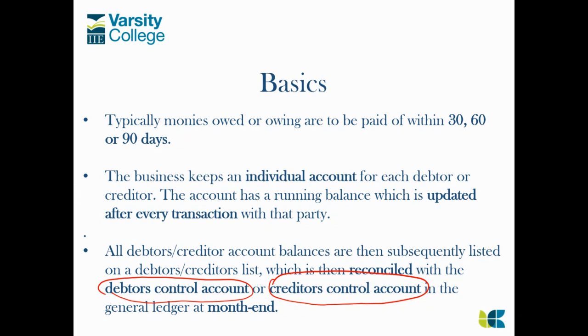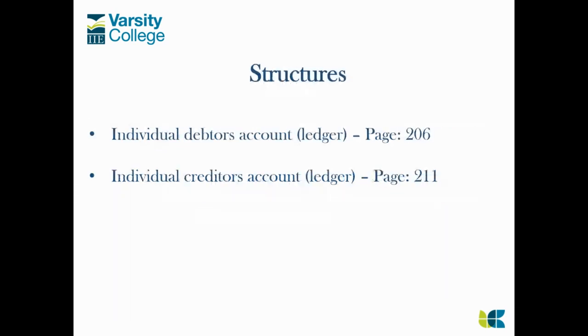If I want to see how much the business owes to its creditors in total, I'd look at the creditors control account. Does that make sense? Now they mentioned something interesting. They mentioned a debtors list and a creditors list. We'll have a look at that a little later.